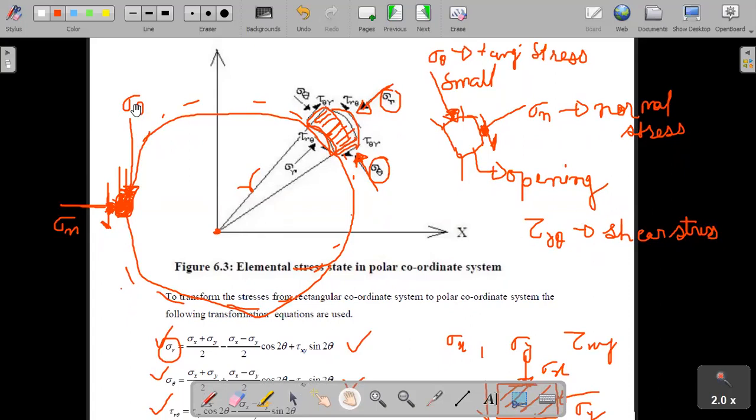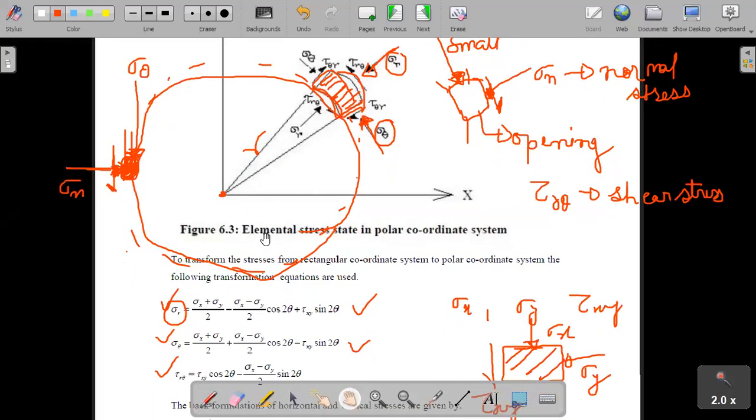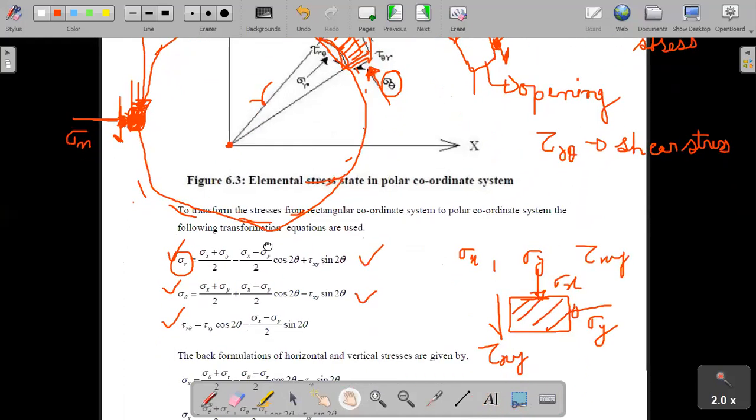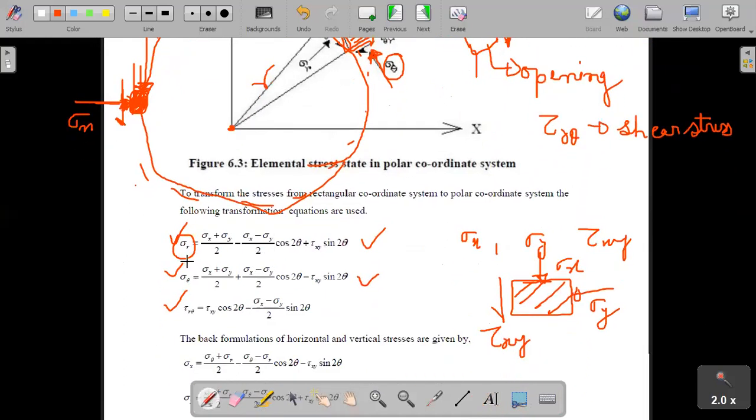You can see one is in the y direction, one is in the x direction to this sample. So this is sigma r and sigma theta. You can write, and tau theta value. If sigma x, sigma y, and tau xy are given, then it is asked what is the tangential stress, radial stress, and shear stress.